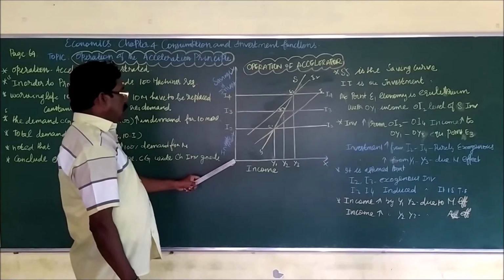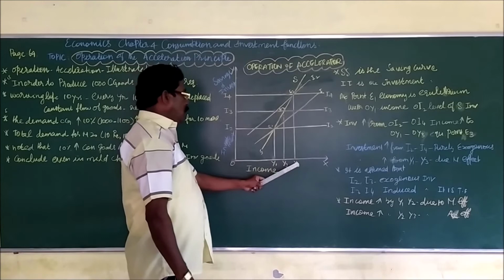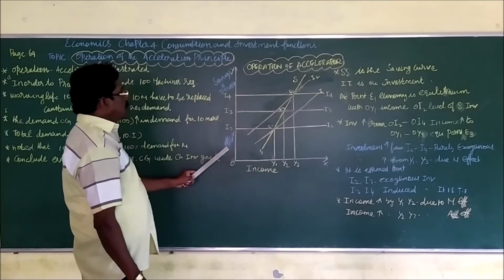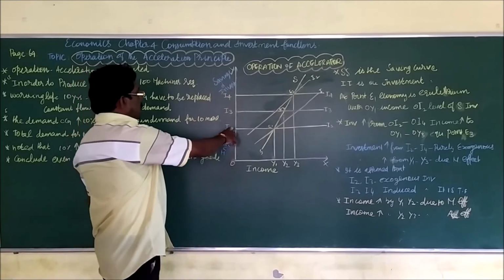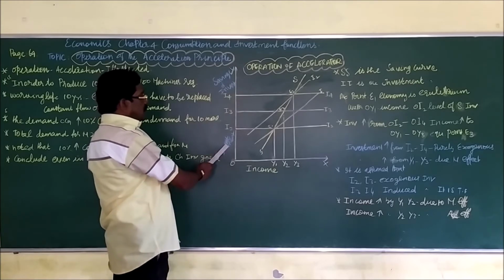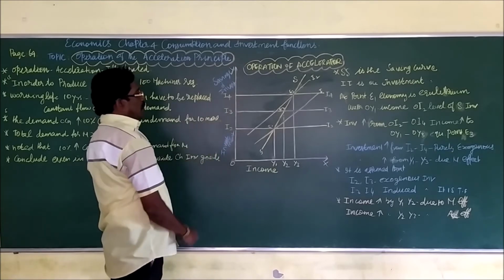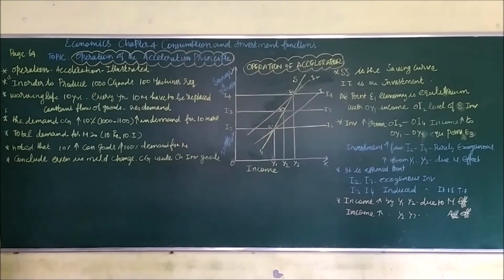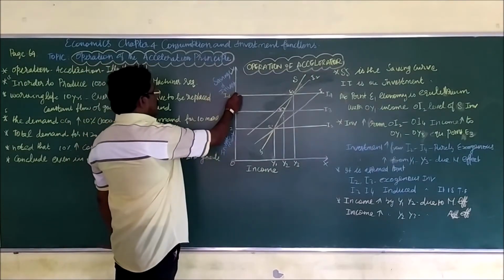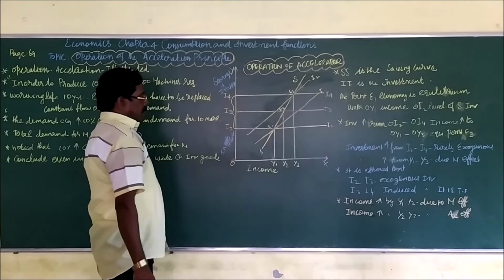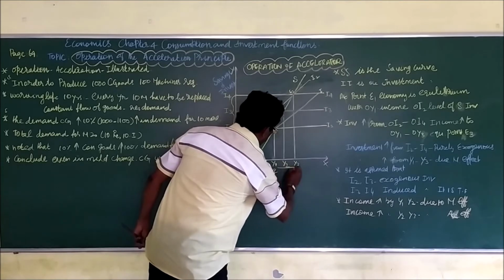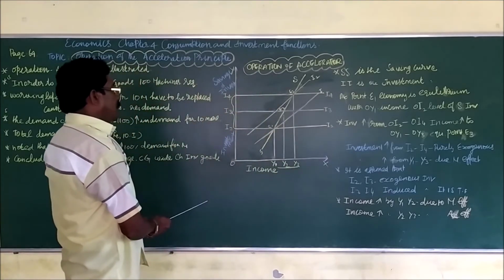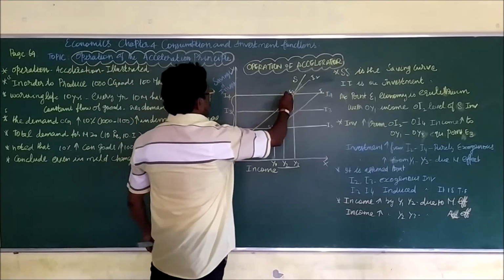From this level to this level, investment is increased from I2 to I4, whereas the income is increased from OY1 to OY3. Then the equilibrium point is E3.